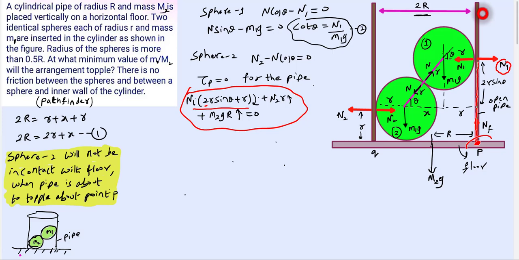Then the torque due to this N2 acting on the pipe will set up torque about point P with this perpendicular distance, and it will be anti-clockwise. And the torque due to the weight of the pipe, M2G, will act here with a perpendicular distance, and it will be anti-clockwise.